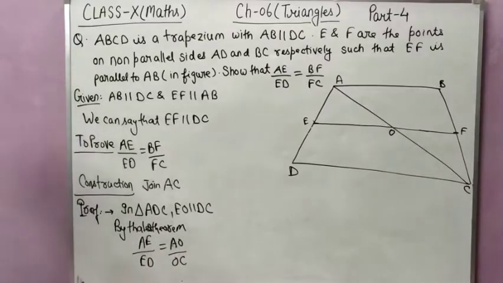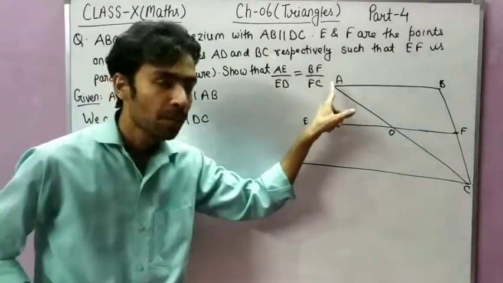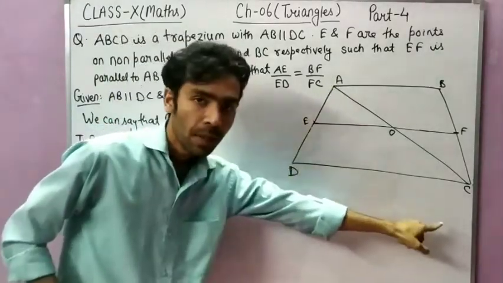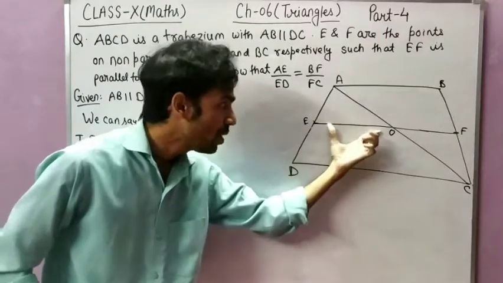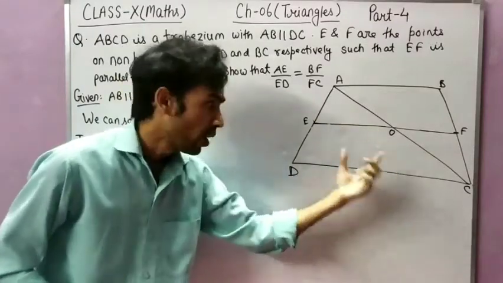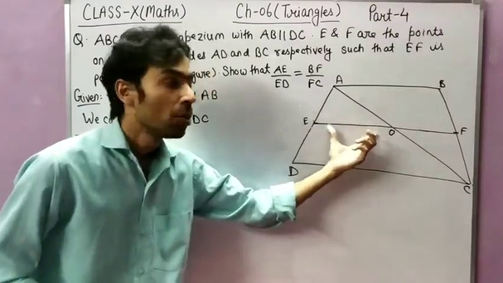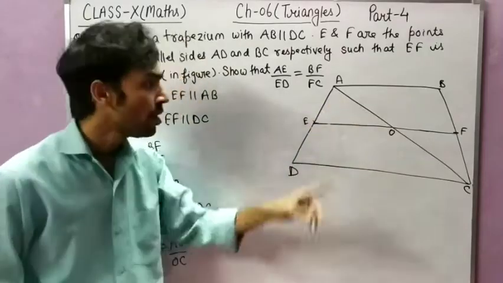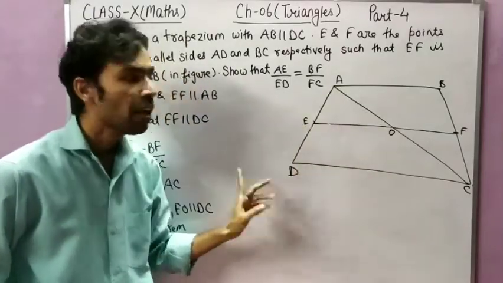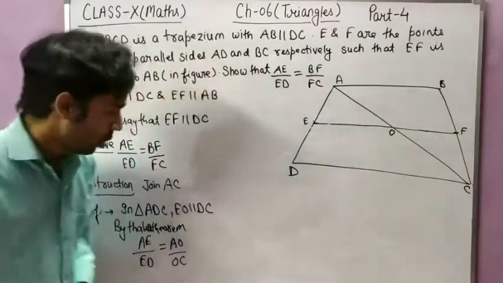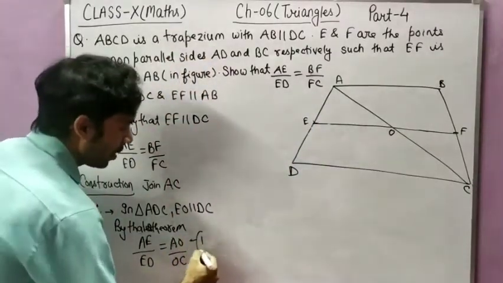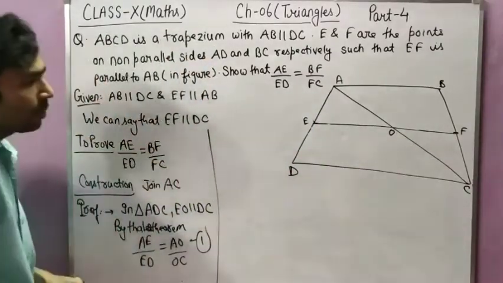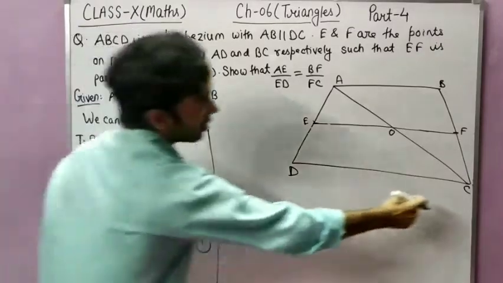We can write this because this is triangle ADC, and in triangle ADC, EO is parallel to DC. So it divides the other two sides in the same ratio, meaning the ratio of AE and ED equals the ratio of AO and OC. Suppose this is equation number 1. Now, similarly, we will take triangle CAB.